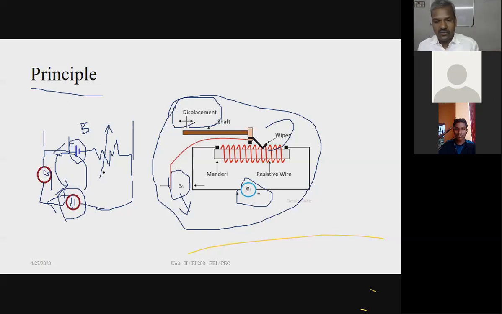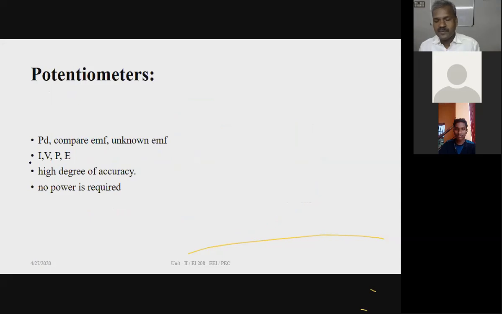It consists of 2 circuits. Let me explain with a typical basic potentiometer. The application of these potentiometers is to find an unknown EMF, and to compare two EMFs. Also, to find the potential drop across a particular circuit: say if we have a resistor here through which current I is flowing, and you want to find the drop accurately, we can connect a potentiometer here.